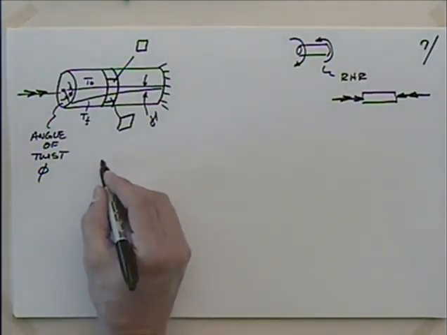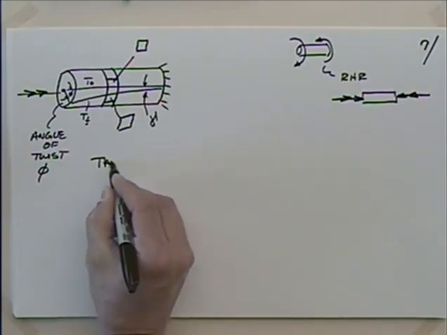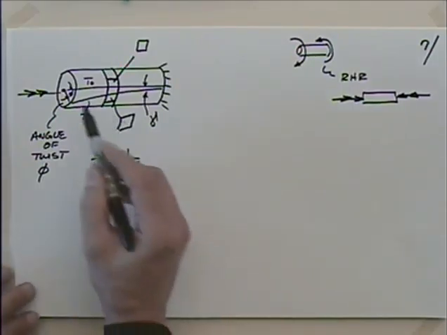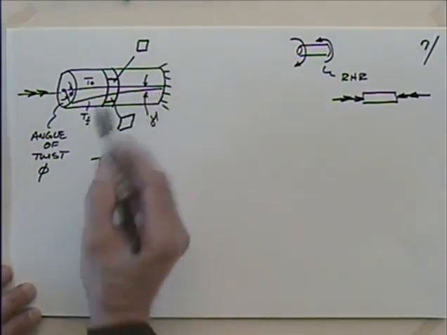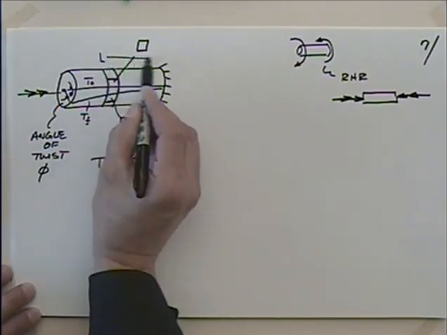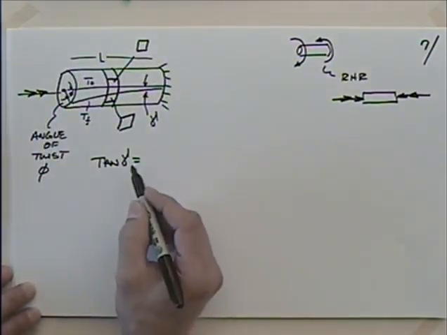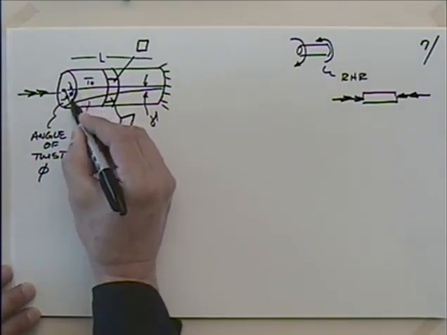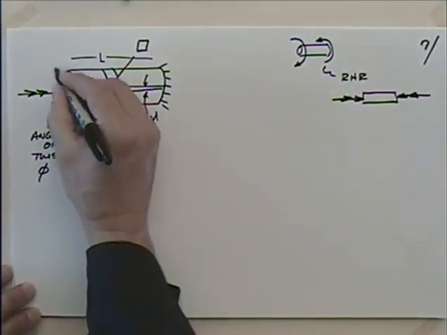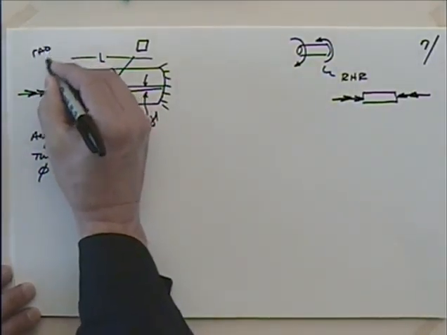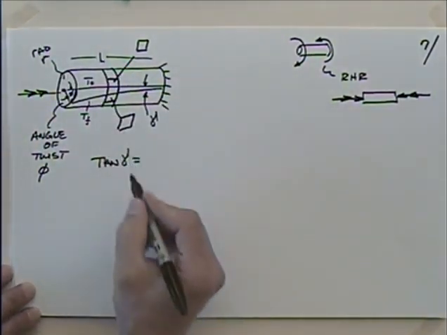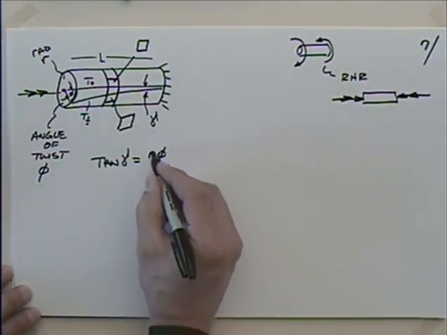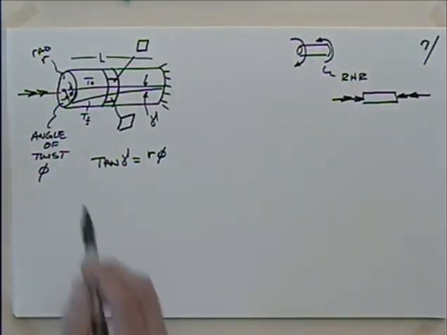So if I want to talk about the tangent of gamma, if I look at this long triangle here, where this has some length L, what's this opposite side here? Well, if this has some radius R, the arc length here is R times the angle of twist phi.